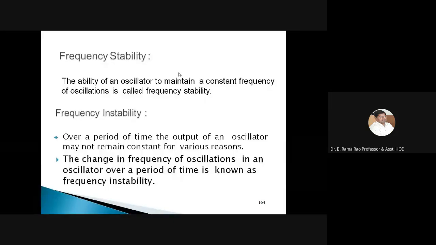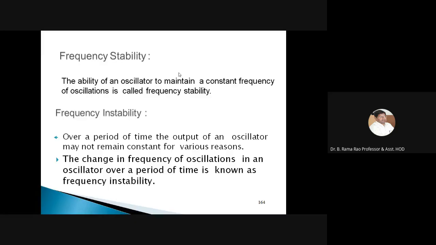So what do you mean by frequency instability? Over a period of time, the output of an oscillator may not remain constant. Ideally, it is stable, and we get stabilized oscillation.